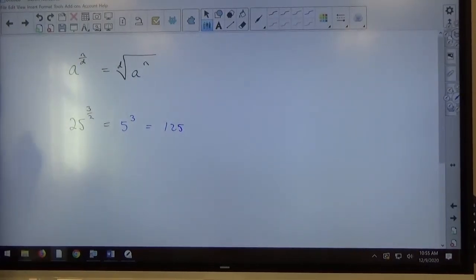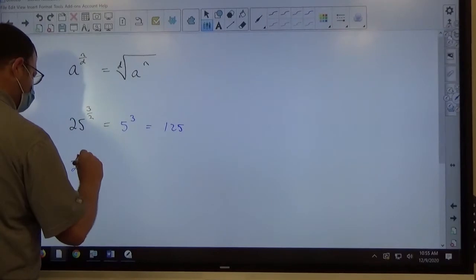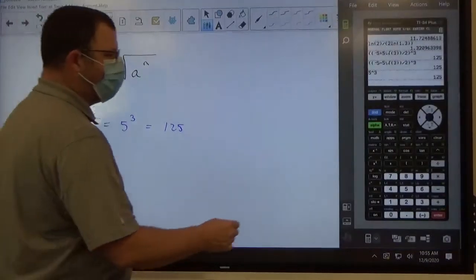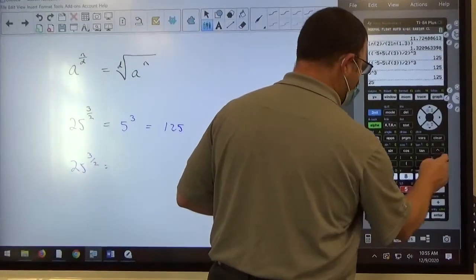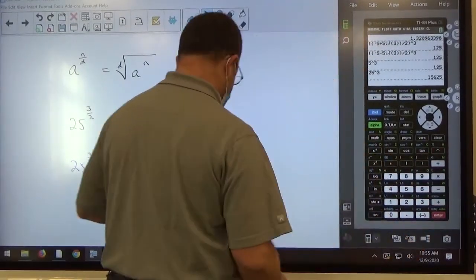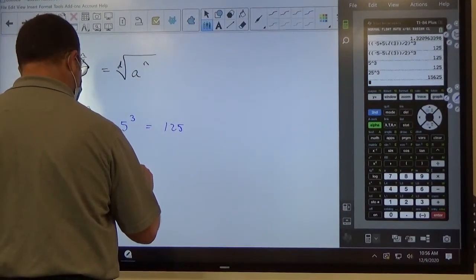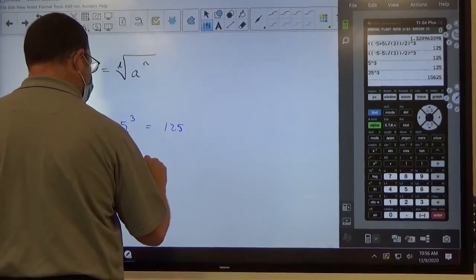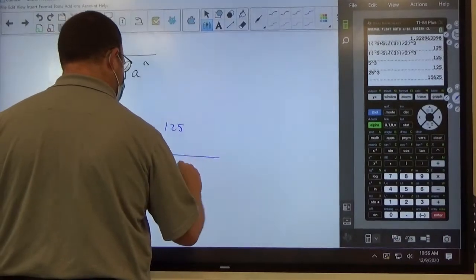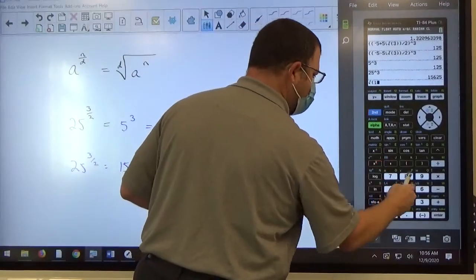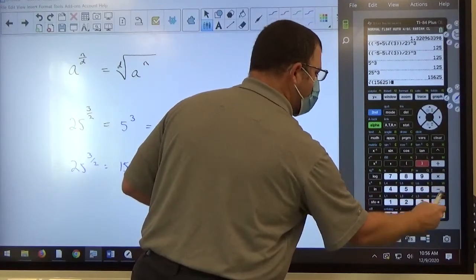Option 2 is to get a calculator and type in 25 to the 3rd power. So then you have 15,625 to the 1/2 power, which means the square root of 15,625, which my calculator says is 125.